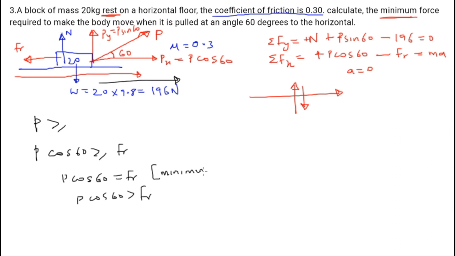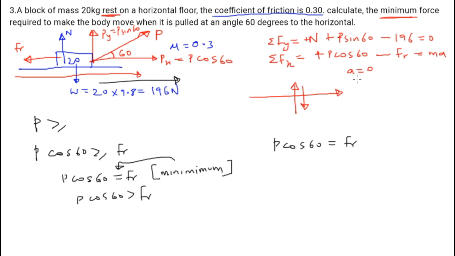So the point of equality, where P cos 60 is equal to Fr, is the smallest value of P that can push the object in that direction. So we get to have P cos 60 degrees to be equal to Fr.